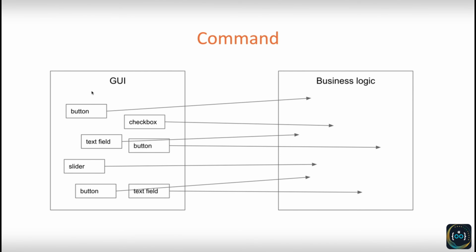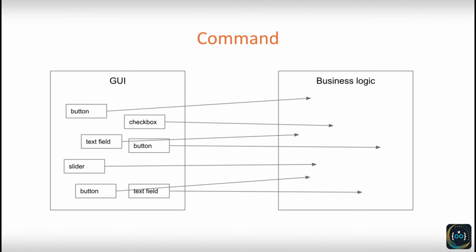So that means this particular button will invoke some functionality here. The other button that we have will invoke some other functionality. The text field, let's say when it's updated, will let the business logic know, and so on.